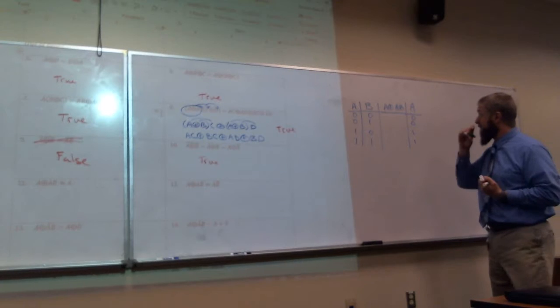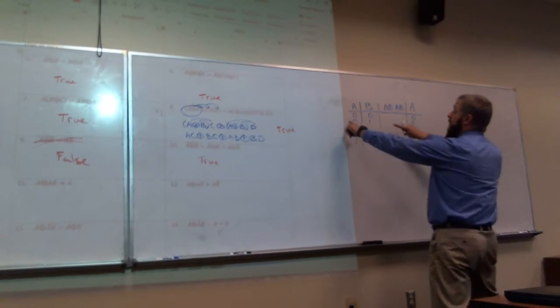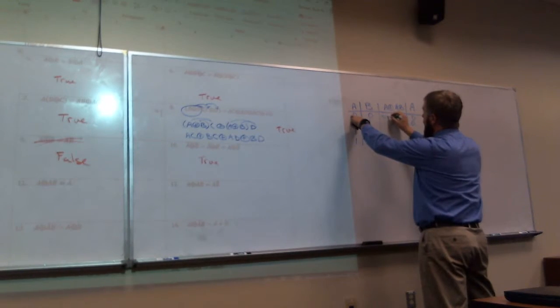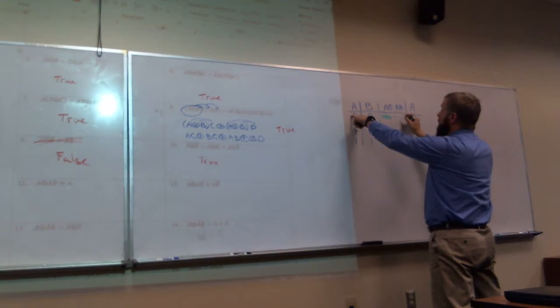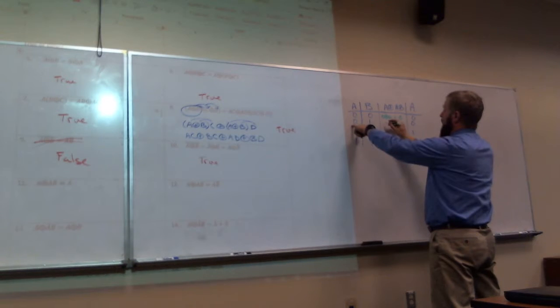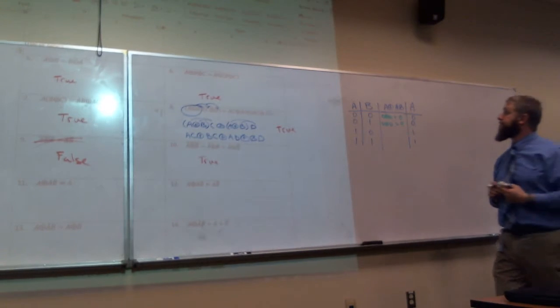Let's try it. If A is 0, I'll have 0 XOR 0 and anything is 0, so this is going to be false. This should also be false, right? Because I'll have 0 and 1, which is still 0. So far, so good.